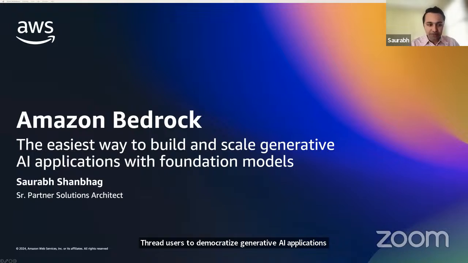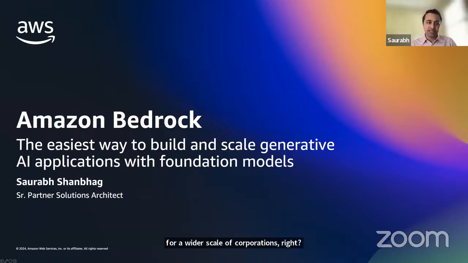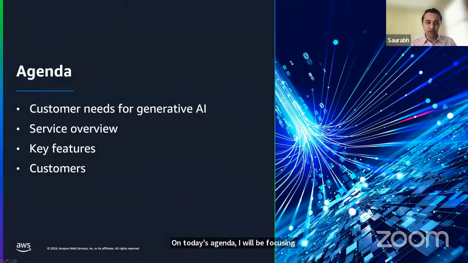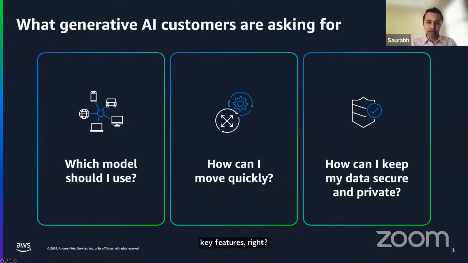If I go over today's agenda, I will focus mainly on the need for generative AI and give you a little bit of service overview and the key features. From the AWS perspective, generative AI is still a very evolving space. The core value we see is that many customers are not entirely sure which large language model to use.